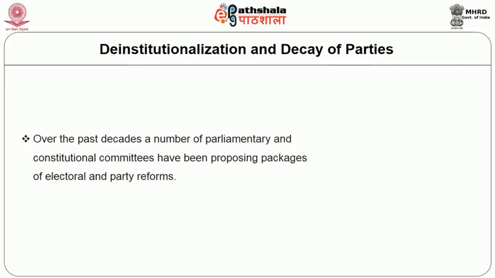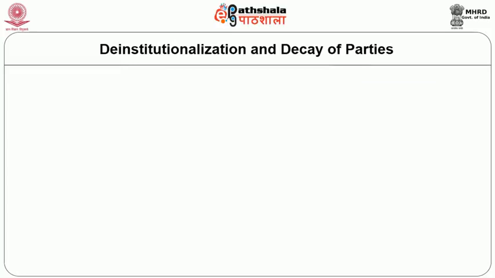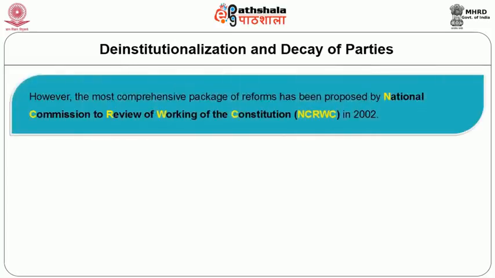Over the past decades, a number of parliamentary and constitutional committees have been proposing packages of electoral and party reforms. A Law Commission report in 1999 proposed a comprehensive package of reforms in our electoral and party system. However, the most comprehensive package of reforms was proposed by the National Commission to Review the Working of the Constitution in 2002.